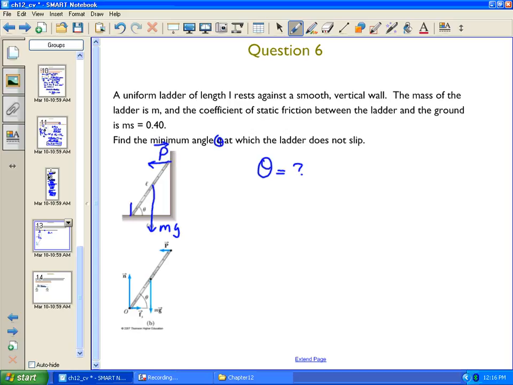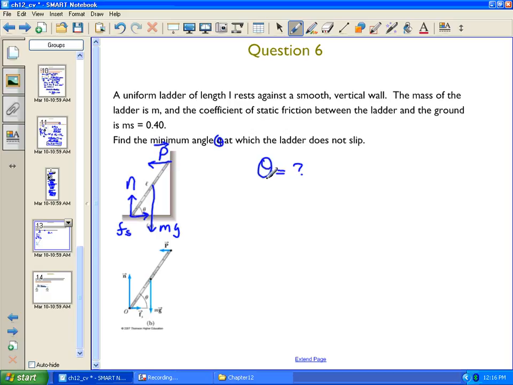But we also have a normal force here, different from P, which is at the bottom of the ladder, and that's the normal force that the ground exerts on the ladder. And since we are trying to prevent motion, F sub s points to the left, in other words, to keep this ladder from sliding, therefore movement to the right.